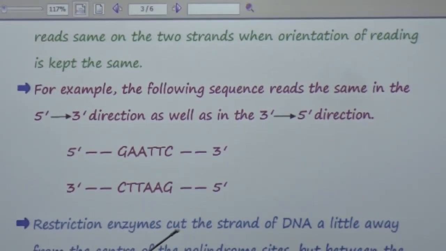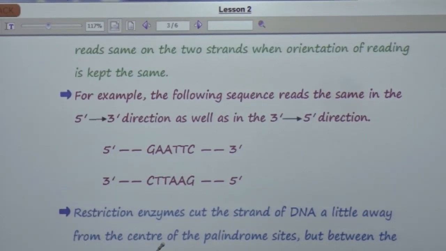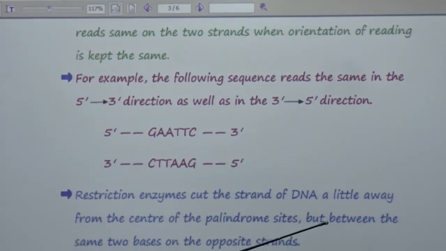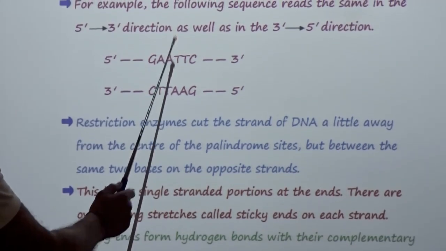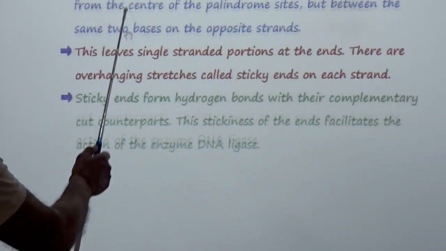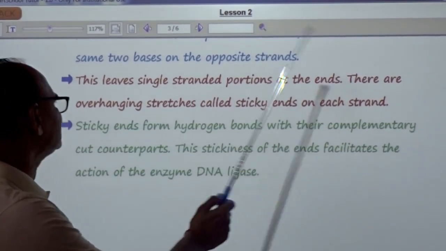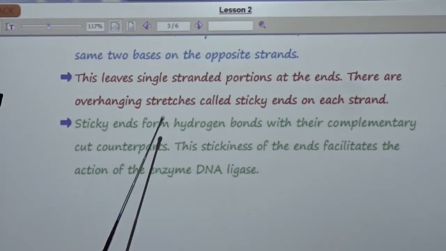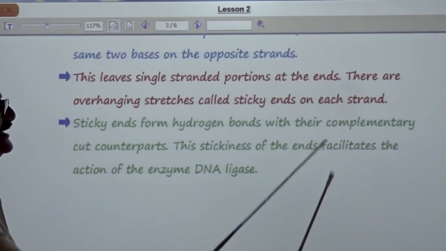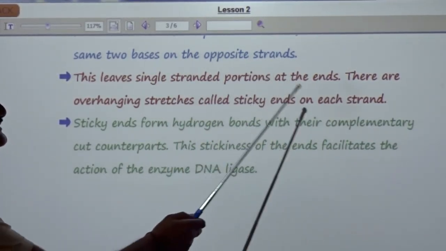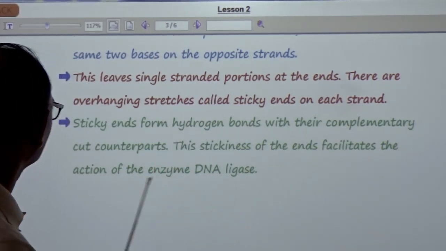Restriction enzymes cut the strand of DNA a little away from the center of the palindrome site, but between the same two bases on the opposite strand. This leaves a single stranded portion at the end. There are overhanging stretches called sticky ends on each strand, and this was discovered first by Herbert Boyer.